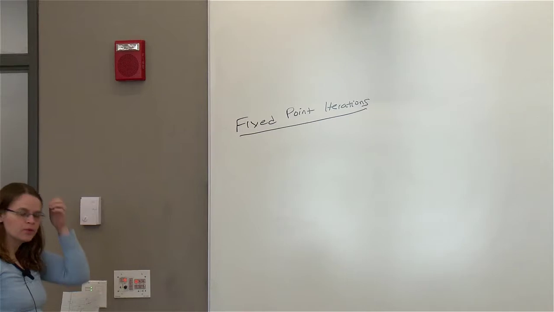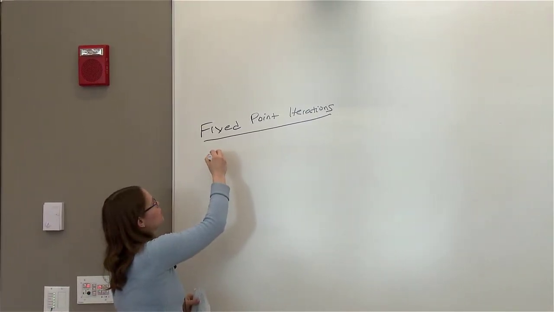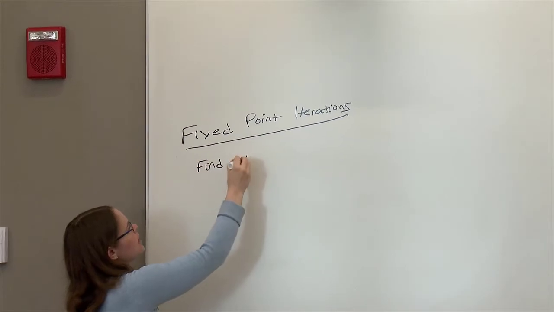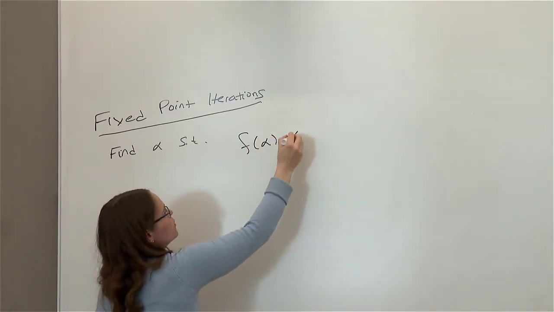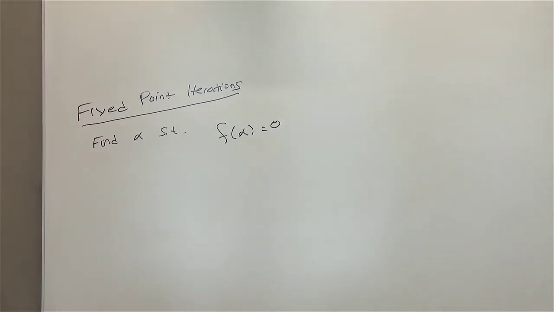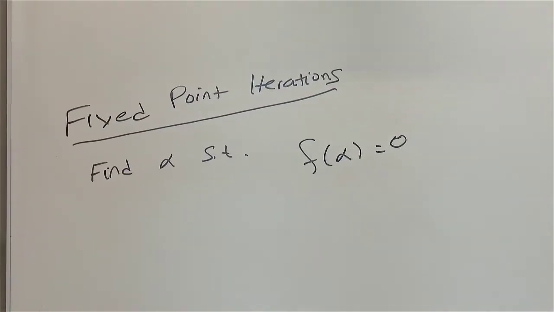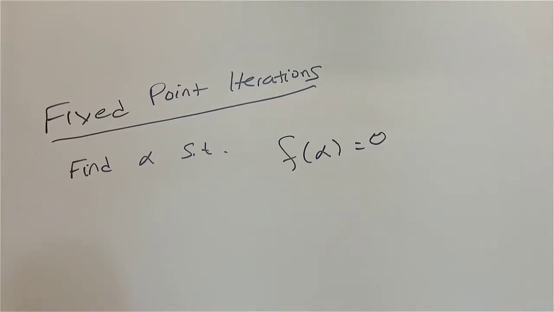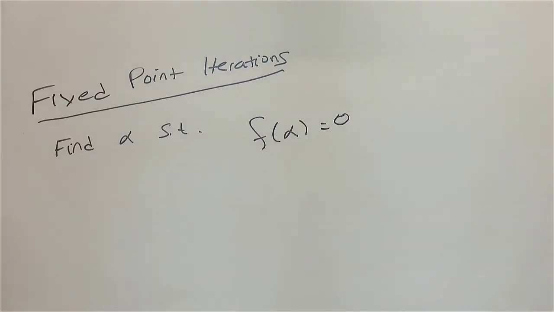Okay, so again, we're trying to do root finding problems. So we want to find alpha, the root, such that f of alpha equals 0. And in this approach, we try to find a new function, g, such that not only is alpha a root of f, alpha is a fixed point of g.